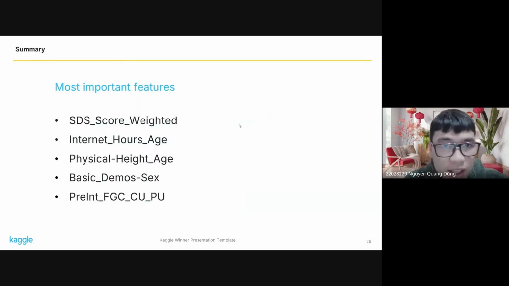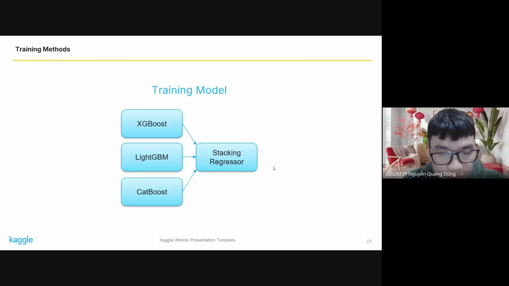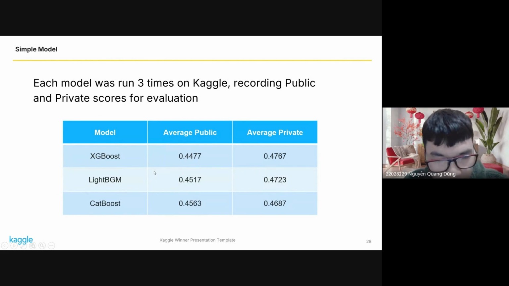Let's shift our focus to the simple model. For our simple model, we used only the 5 most important features identified earlier. As mentioned earlier, our ensemble model combines 3 different models. To identify the best performing model, we run each one individually using the same workflow presented earlier.